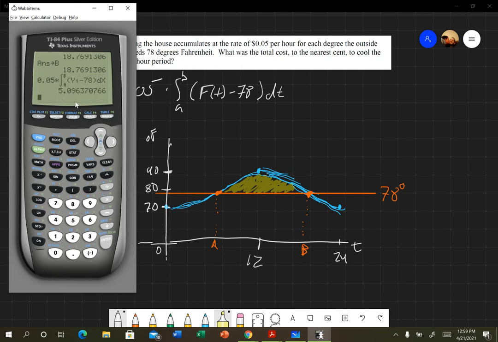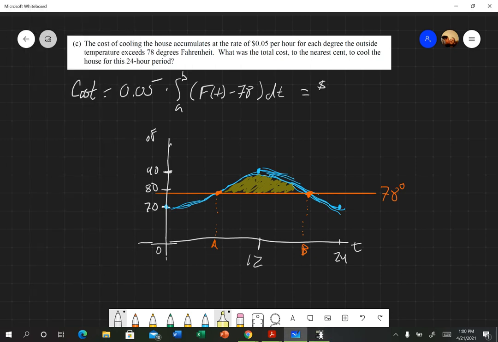Okay, and if we do all of that, it's going to come out with this exact number. And so then our cost becomes $5.096. So this is equal to $5.10, rounded up to 10 cents. Okay, and so there's our final answer.